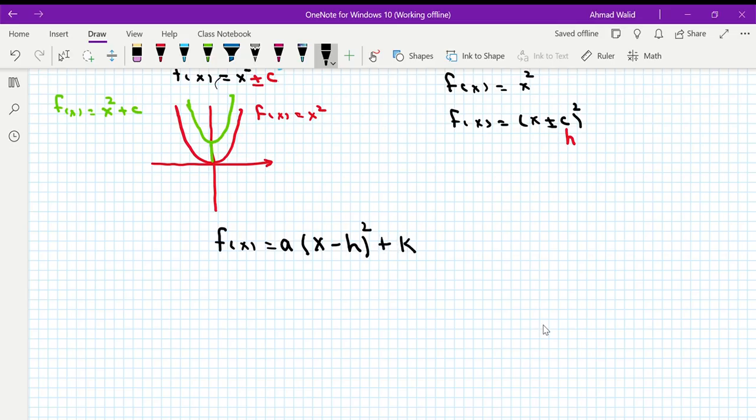Correct? When a definitely cannot be 0, we call this form the standard form of a quadratic function. h is your horizontal shift, k is your vertical shift.